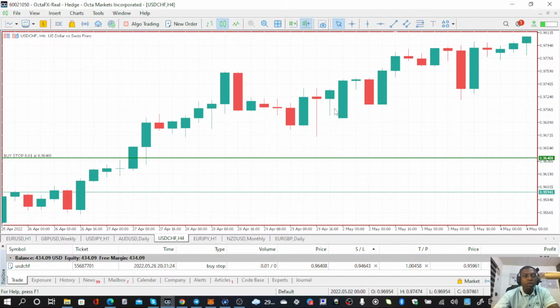So there can be rejection from either side, but that wick signifies rejection, showing where price had opened, where price had gone to and come back to close. So you can see here, price opened here, came to this level, was pushed back to this level and closed at this level.